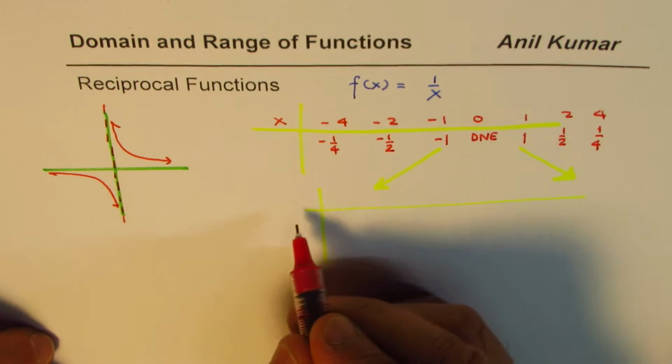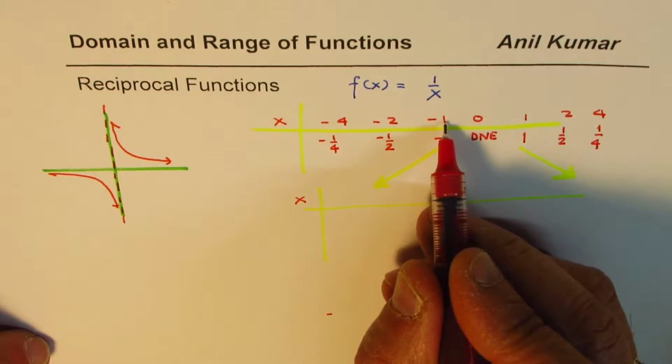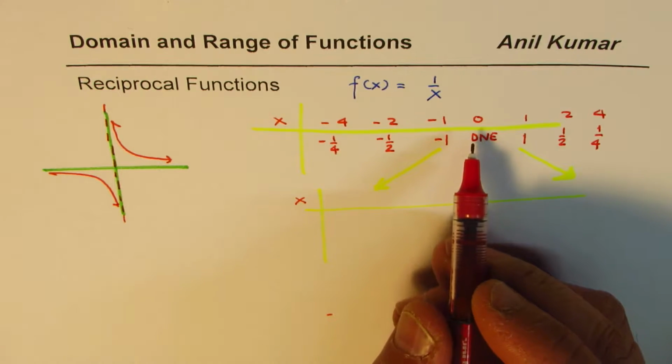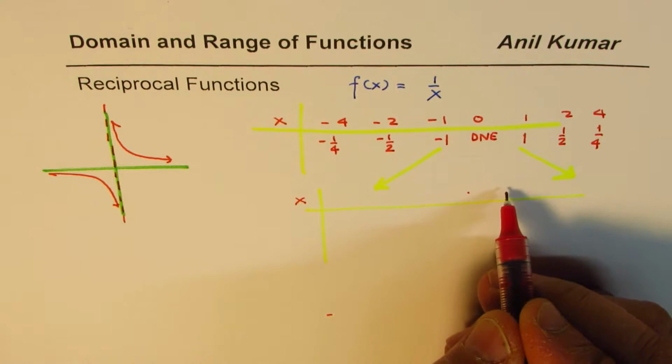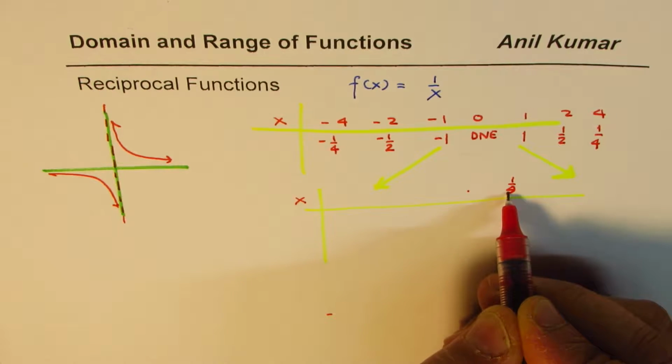So I'm taking numbers which are between 0 and minus 1, very close to 0. Let us say we take half.